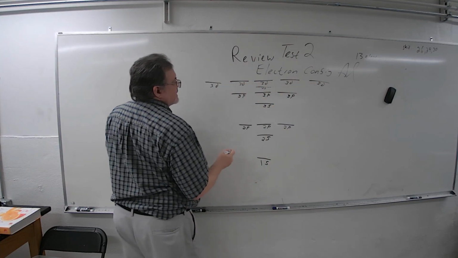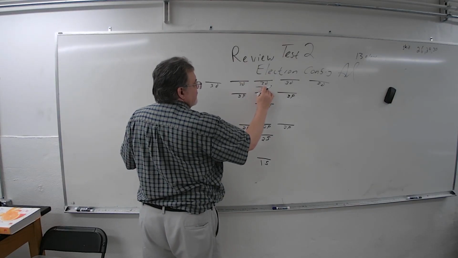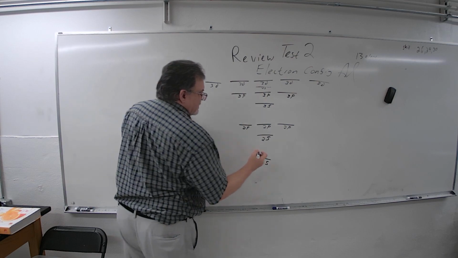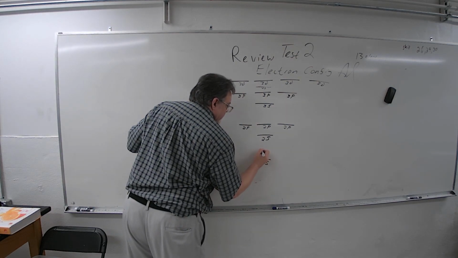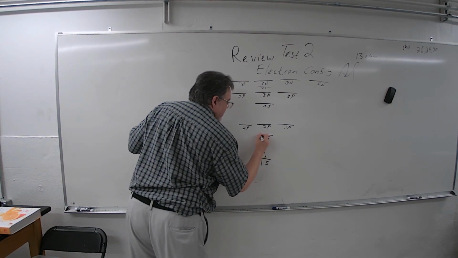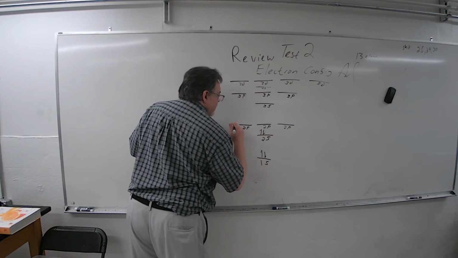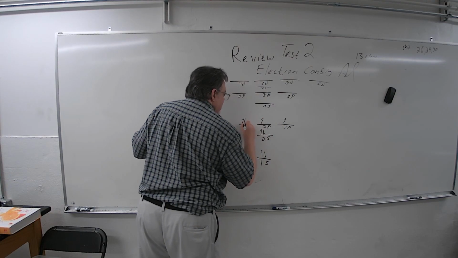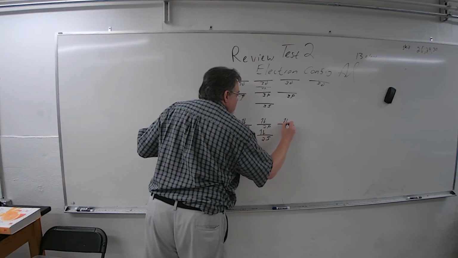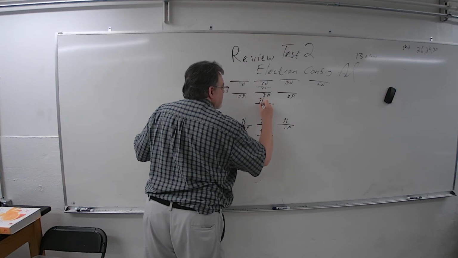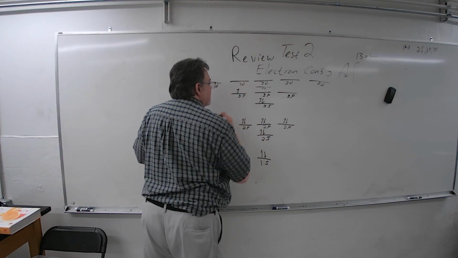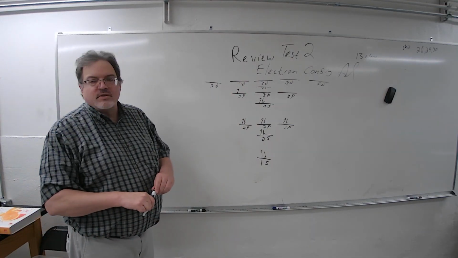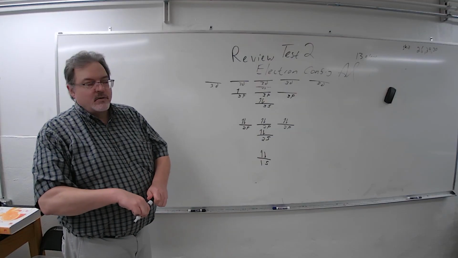If you follow the periodic table, you'll see that 4P comes next. But if we're doing 13, follow the rules. 1, 2, 3, 4, 5, 6, 7, 8, 9, 10, 11, 12, 13. That's one way to represent the electron configuration of aluminum.